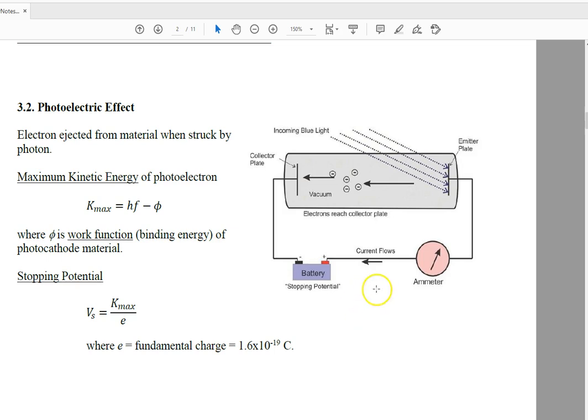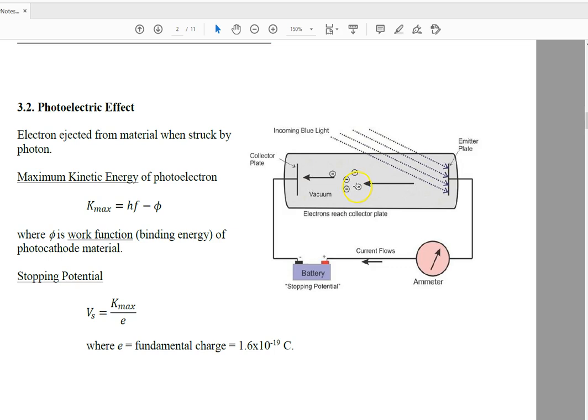So if you look right now at this polarity, you'll see that the emitter plate is connected, like I said, to the positive terminal, and the collector plate to the negative. Positive terminal means this is a higher voltage than the negative terminal end. So the emitter plate right now is at a higher voltage than the collector plate. And the voltage difference between them is going to affect the motion of the electrons.